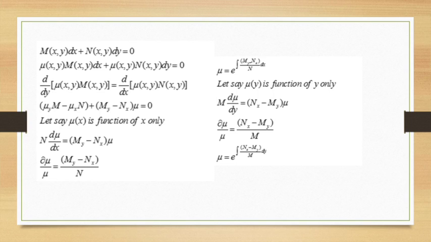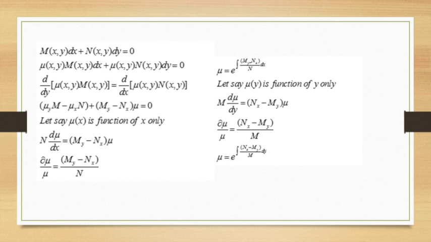We get d over dy of mu M equal to d over dx of mu N. Or we can rewrite this as mu y M minus mu x N plus (M y minus N x) mu equal to 0.